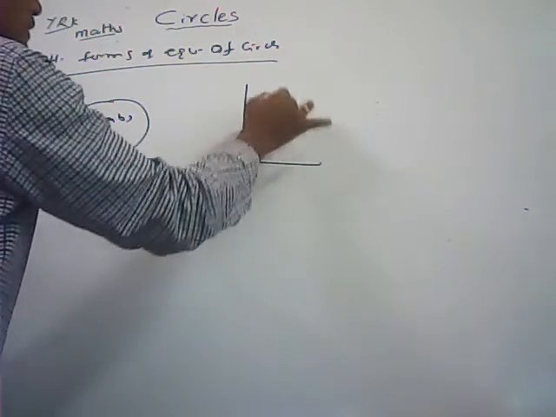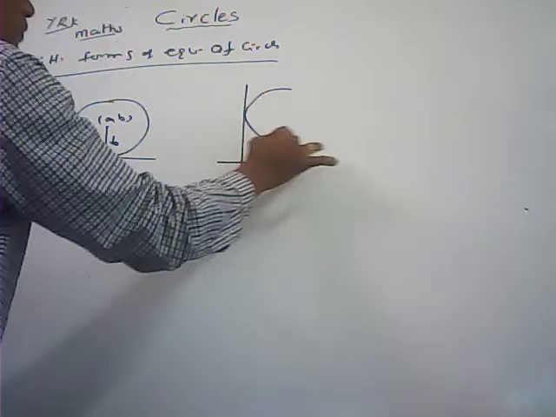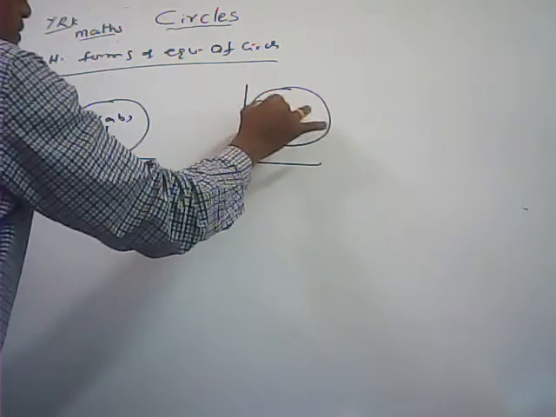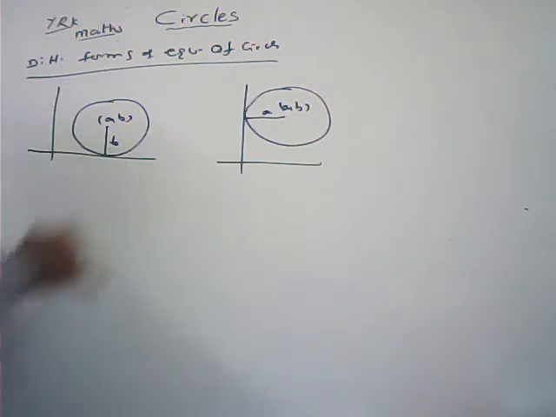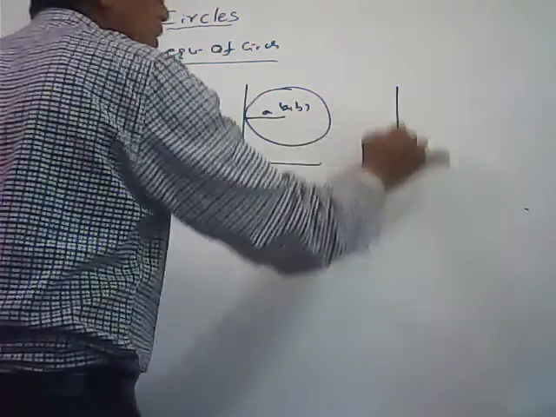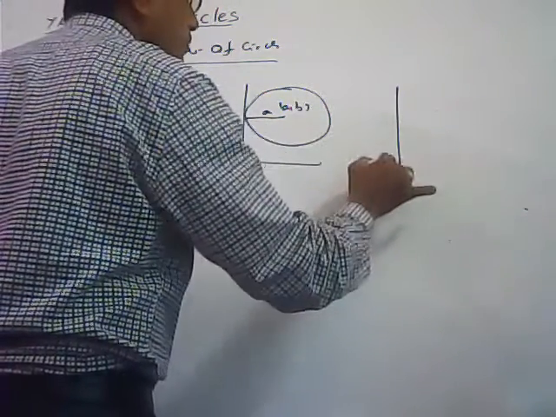And if a circle touches the y-axis, a comma b I am taking as center, the radius should be equal to a units, and with center and radius given, we can get the equation of the circle.